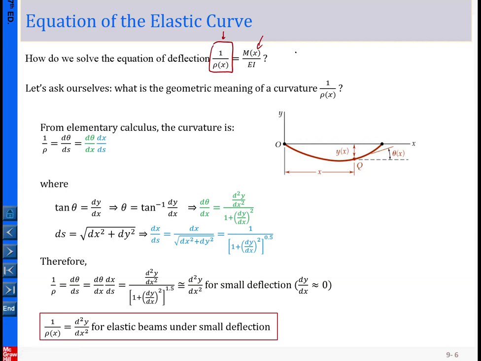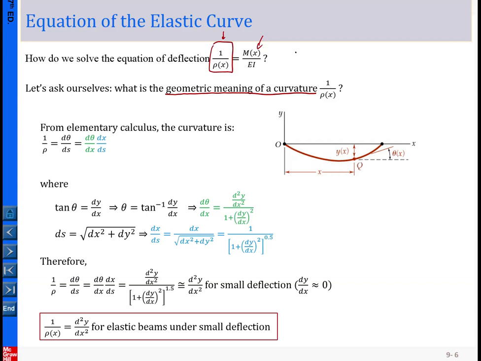This is basically about the curvature. Here we look at the geometric meaning of the curvature, and we can borrow from our learning in elementary calculus. Calculus is basically saying this: we look at any curve.